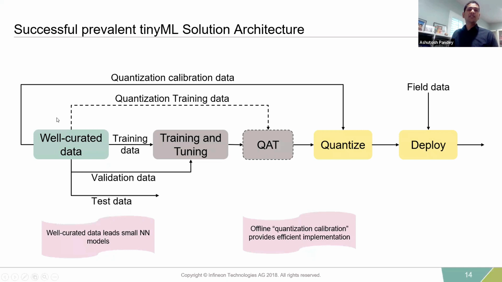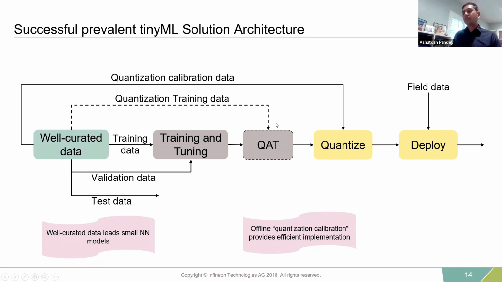And it starts off with very well curated data, right? In a machine learning system, data is king; for tinyML applications, it's even more important. With that well curated data, we go through the model training phase.